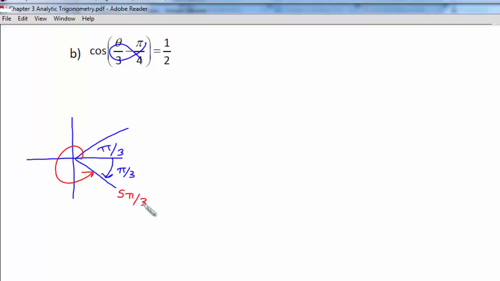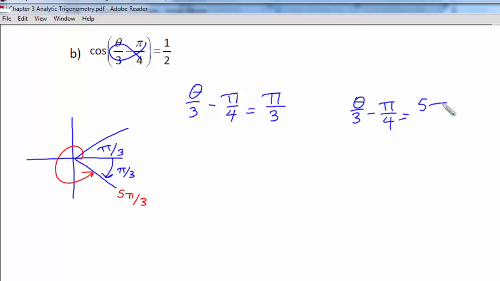Okay? So what I'm going to say then is that theta over 3 minus pi over 4 could be equal to pi over 3, and we can solve that for theta, or theta over 3 minus pi over 4 equals 5 pi over 3, and then solve for theta from there.